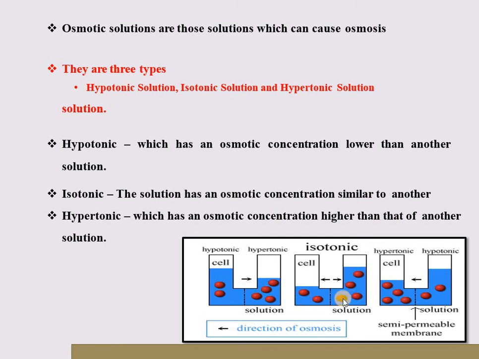Here you can see it is isotonic, both the sides the concentration level is the same. So actually there would be no movement of molecules. In this picture you can see this side it is hyper and this side it is hypo. So from the hypo to the hyper side, the water molecules will start moving.